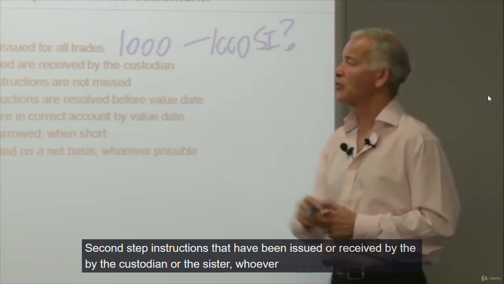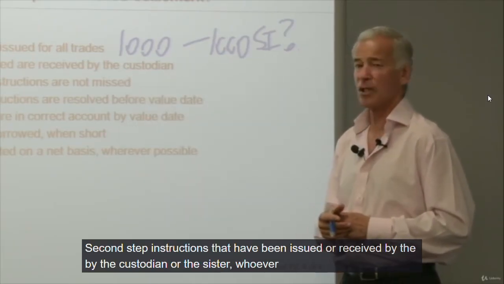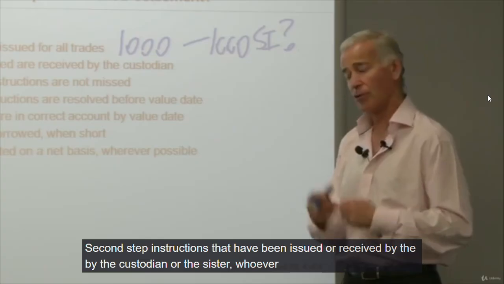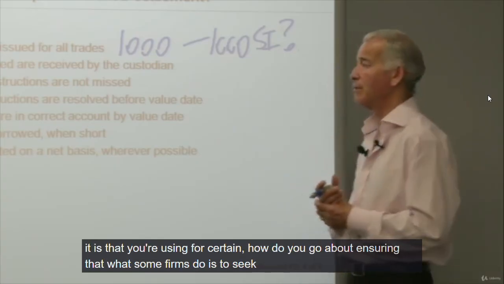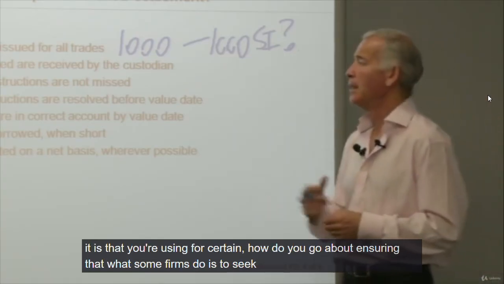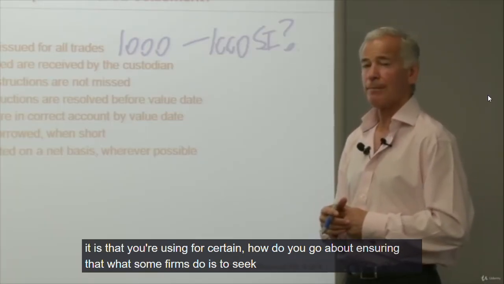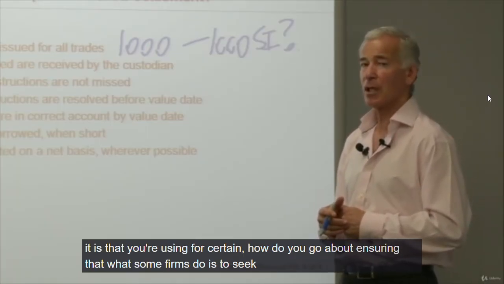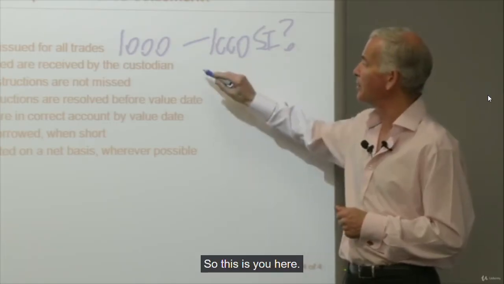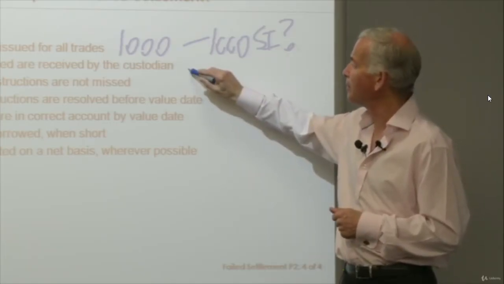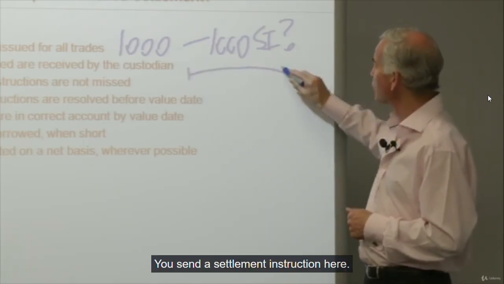Second step, instructions that have been issued are received by the custodian or the CSD, whoever it is that you're using for settlement. How do you go about ensuring that? What some firms do is to seek acknowledgement of receipt. So this is you here. You send a settlement instruction here.